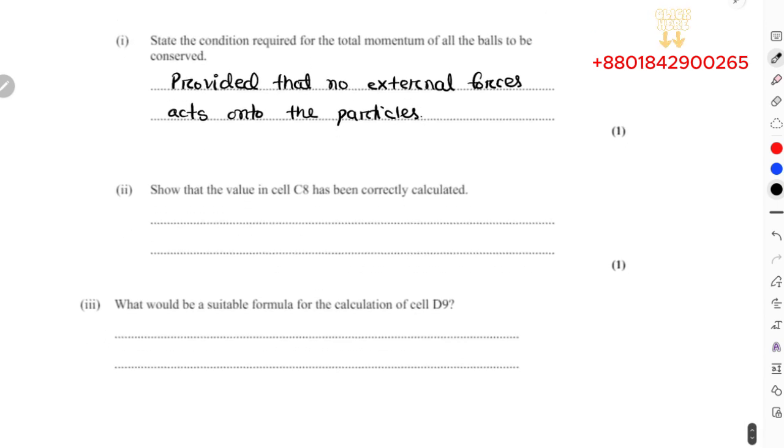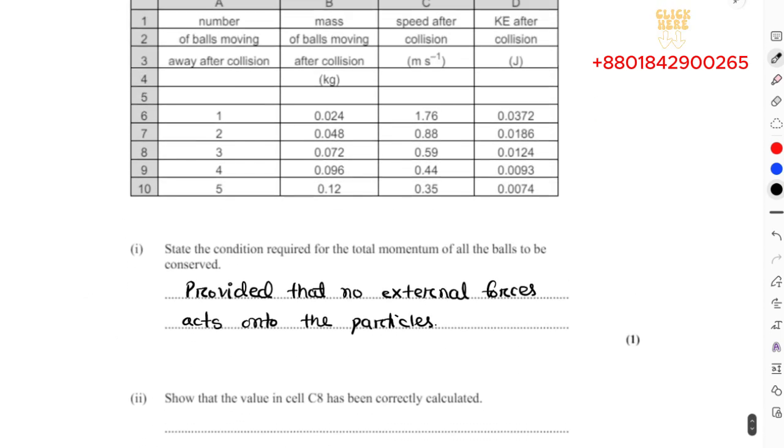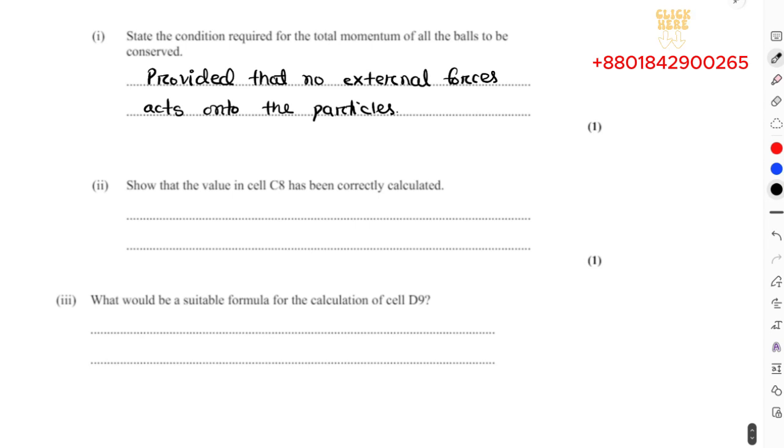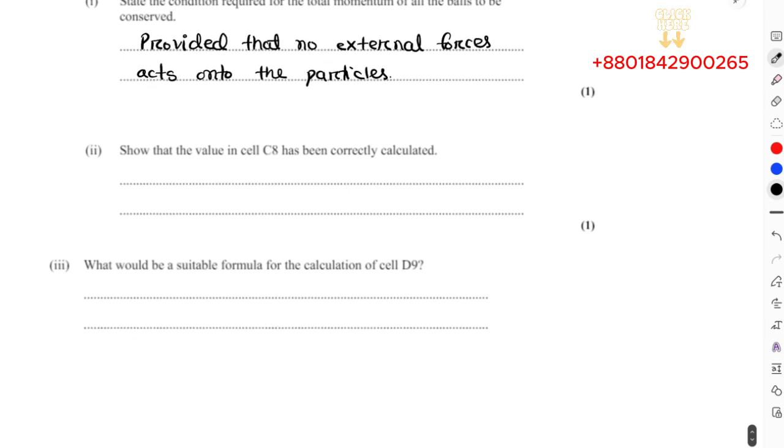For part two, it says show that the value in cell C8 has been correctly calculated. Okay, cell C8 is this one, and you need to show whether this has been correctly calculated or not, as this is the velocity, and we have the mass that is 0.072, and we also know the momentum, right? For all cases, momentum is conserved. So I already calculated momentum in part A1, which was 0.042.